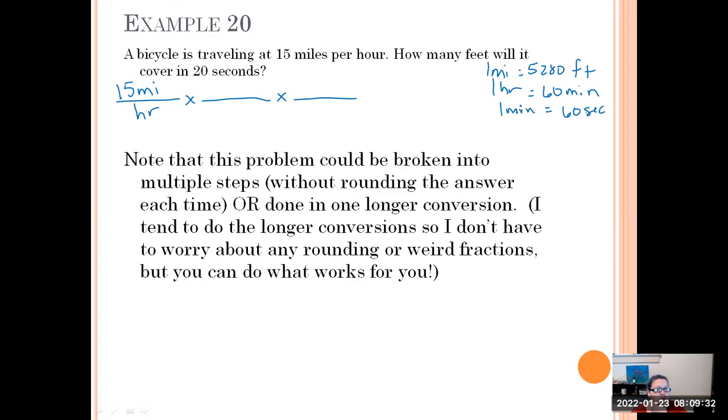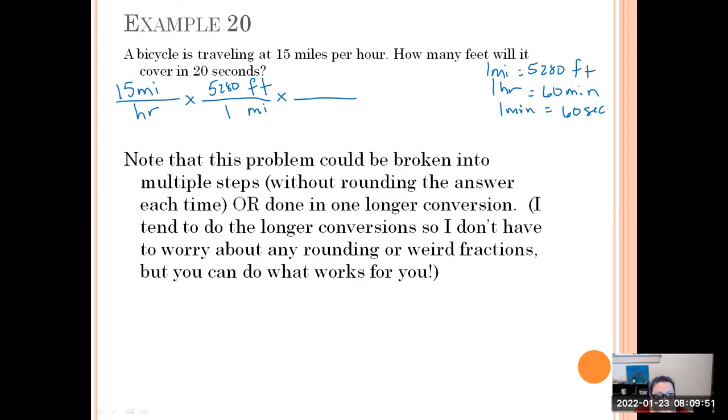All right, let's convert. Let's start with our miles. It doesn't matter which one you start with. I always start with my numerator. Miles is in my numerator, so I need miles in my denominator and feet in my numerator. So that's 5,280. All right, so miles are gone.